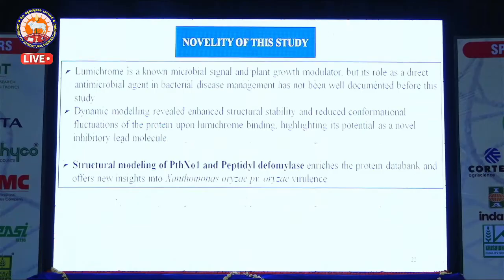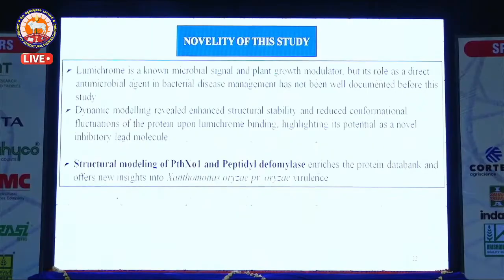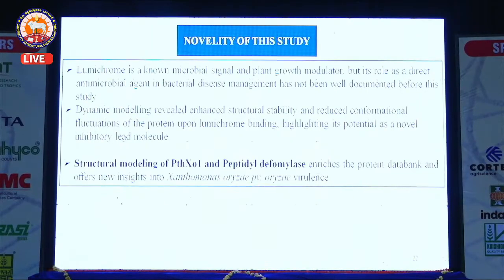Till now, no direct antimicrobial agent like lumichrome has been used in plant disease management. So this is one of the studies where the importance of lumichrome is well documented, and the structural stability is shown through dynamic modeling and molecular docking.